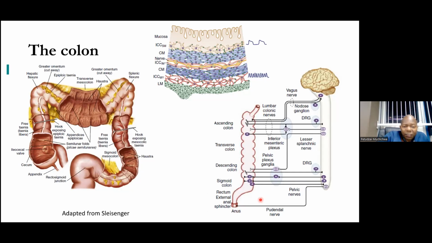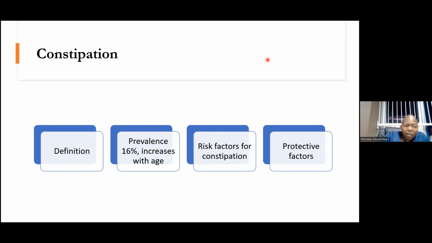So with this understanding, we're going to move into constipation per se. I'm going to start by defining constipation.